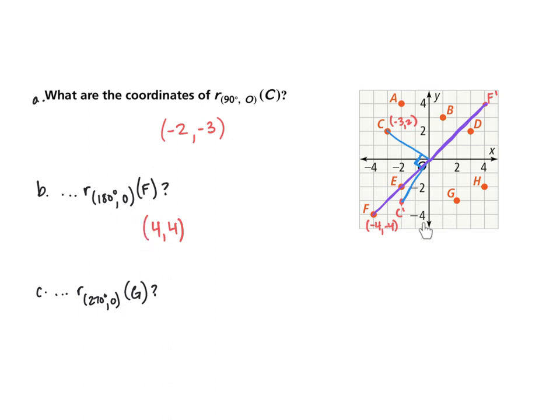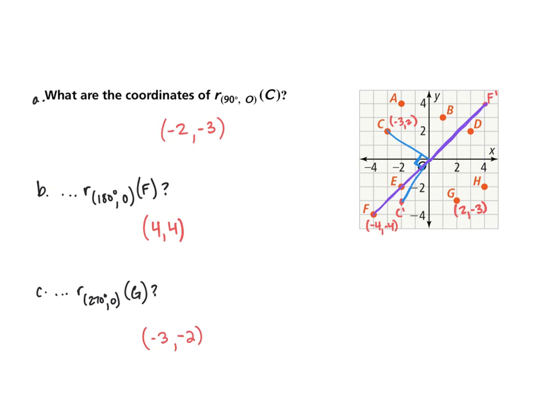Lastly, we're going to rotate G by 270 degrees around the origin. The coordinates of G are 2 comma negative 3. Whereas our 90-degree rotation flipped the numbers and then flipped the first sign, our 270-degree rotation is going to flip-flop the numbers, negative 3 and then positive 2, and change the second sign.